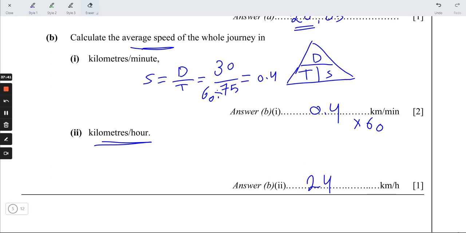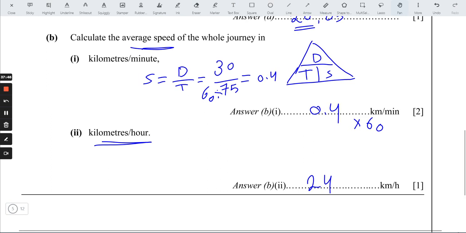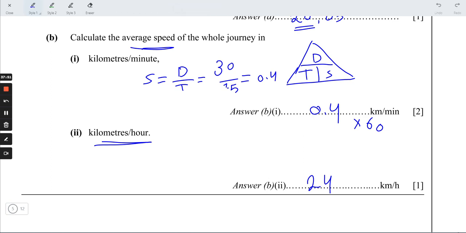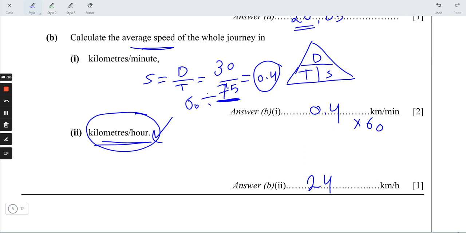As I said before, here it was in minutes, a distance per minute, here is 75, per minute, so we didn't divide it by 60, 75, so we got 0.4. But then they changed it to have your answer in kilometers per hour. So kilometers per hour, that means this 75 minutes you should divide by 60 to get how many hours.